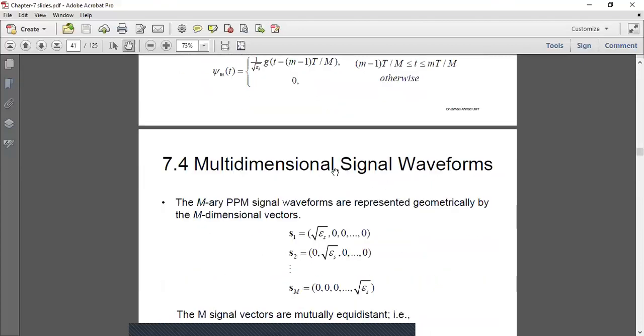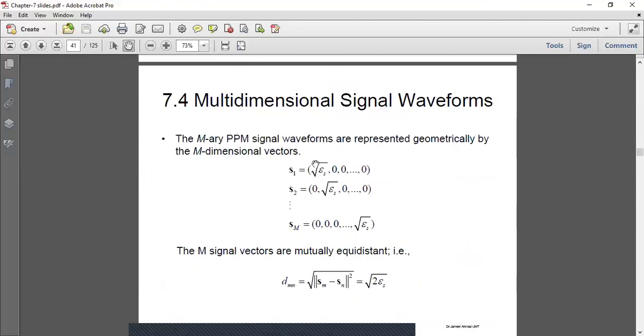So the M-ary PPM signal waveforms can be represented geometrically. Geometrically means that we want to generate their vectors. If we have S1 up to SM signals, each will occupy a different position, as you can see, so the energy Es under the root will be on the diagonal. These are all orthogonal signal waveforms.